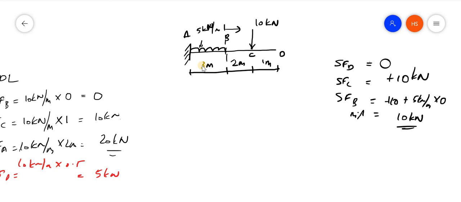Then what is the shear force at A? This you have to understand. Shear force at A is equal to, I am considering the section to the right. So what are the loads?